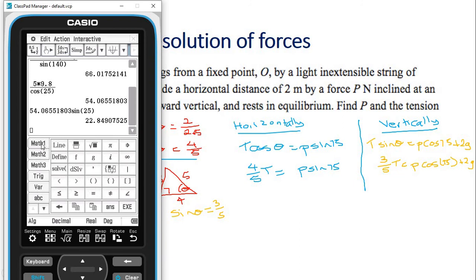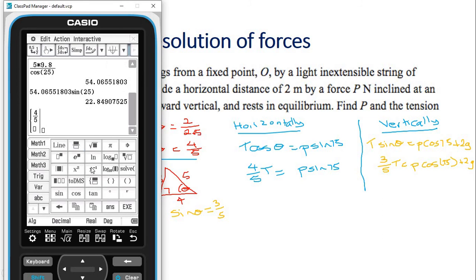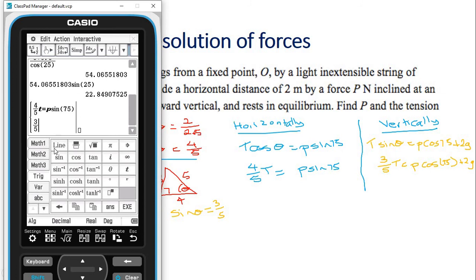So we set up our simultaneous equations. So we've got 4 over 5 T equals P sine 75, and 3 over 5 T equals P cos 75 plus 2 times g, which is 9.8.